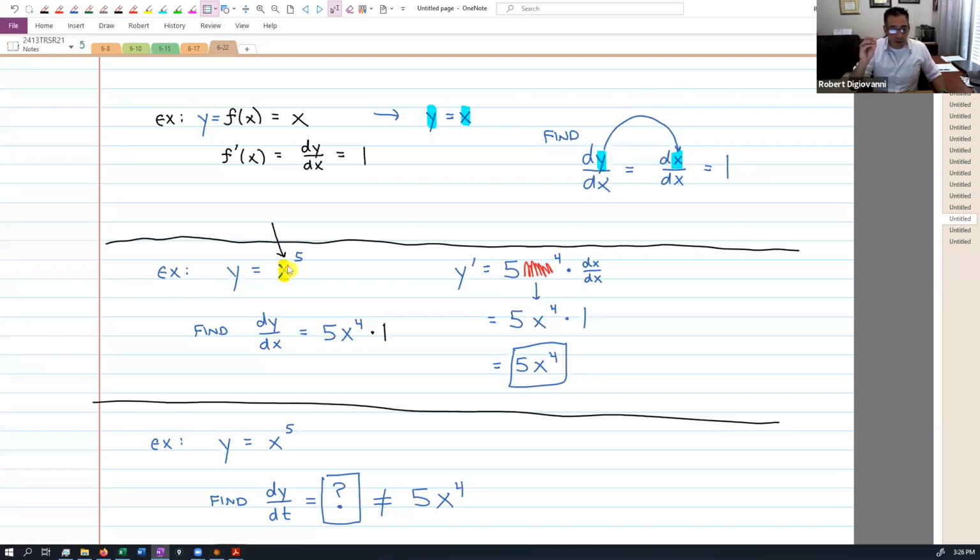You need to be thinking a little harder now. The derivative of x to the 5th, you're looking at as something to the 5th power. The 5 comes out, x to the 4th, then you have to take the derivative of this base. And when you take the derivative of that base, you need to pay attention to what the independent variable is.